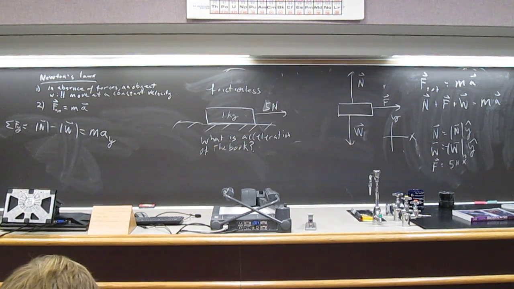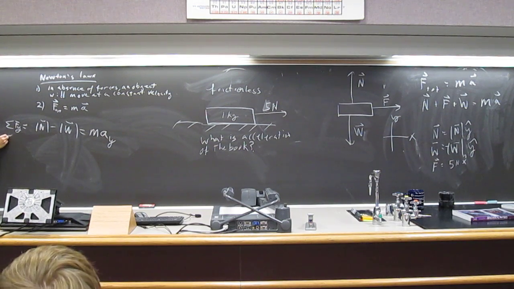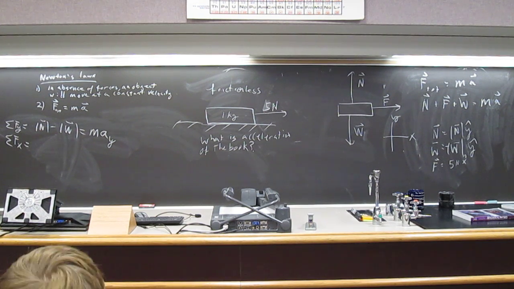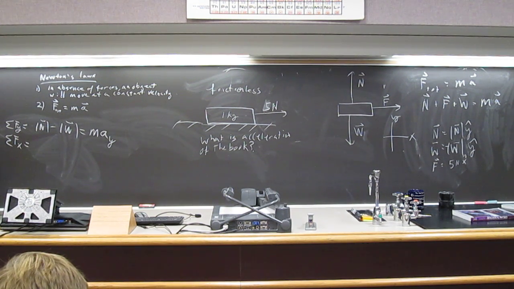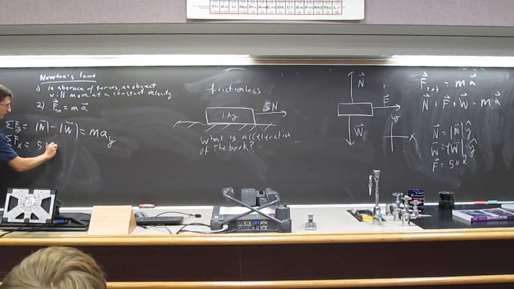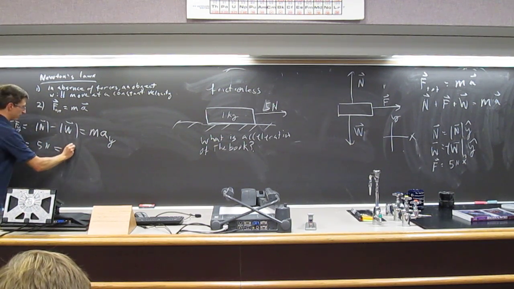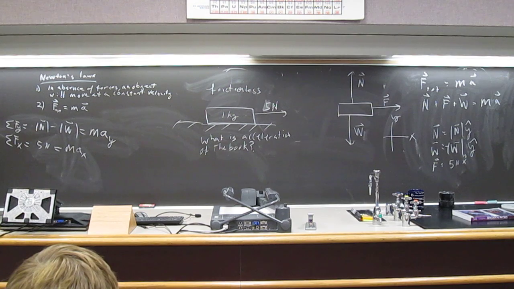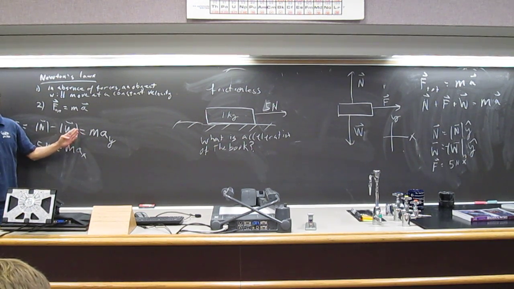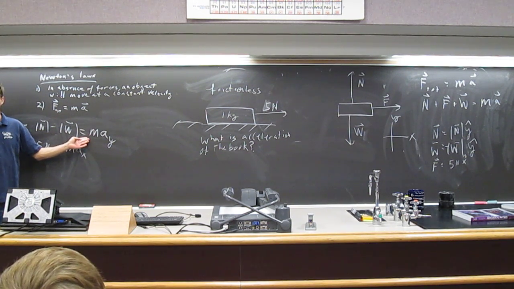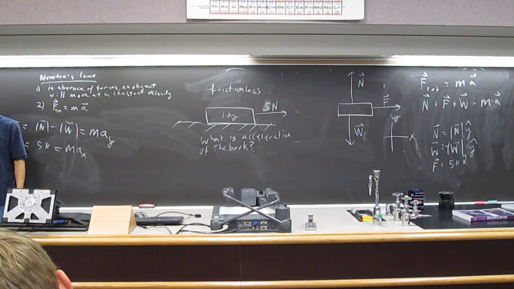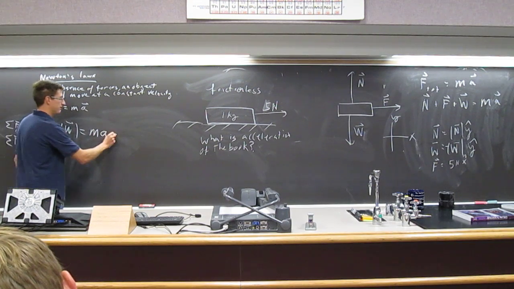Make sense? The sum of forces in the x direction would be equal to what? The F, the 5 newtons, which is the mass times the acceleration in the x direction. If that book is sitting on the table, is it accelerating or even moving at all in the y direction? This is a key point. If it's sitting on the table, there's no acceleration in the y direction. So this would be 0.